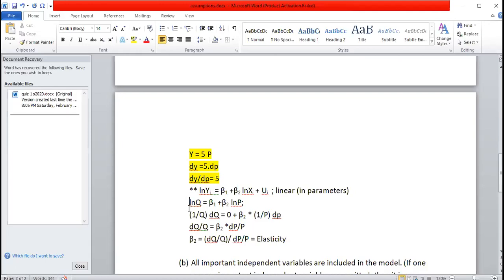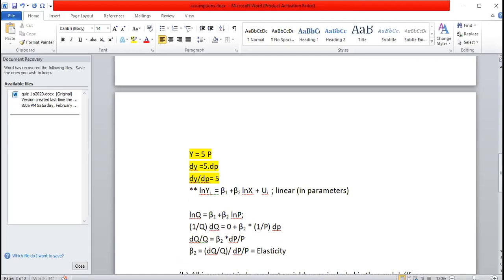First you need to digest this. This is one of the most widely used models, log and log. It's called a log-log form or double log form, where the interpretation of the slope is nothing but elasticity. So if log q equals beta 1 plus beta 2 log of p, then beta 2 is price elasticity of quantity demanded.